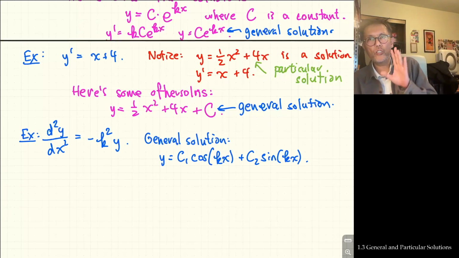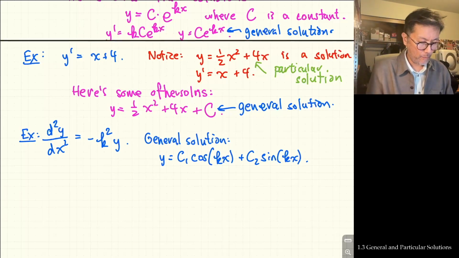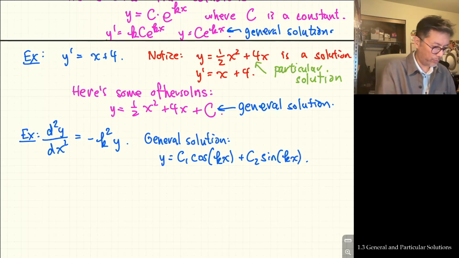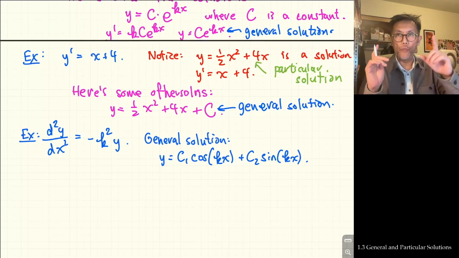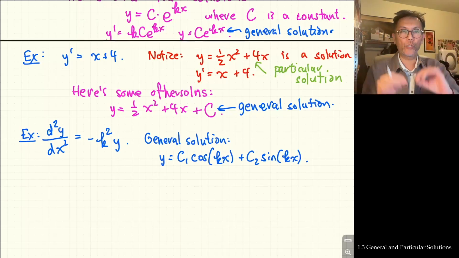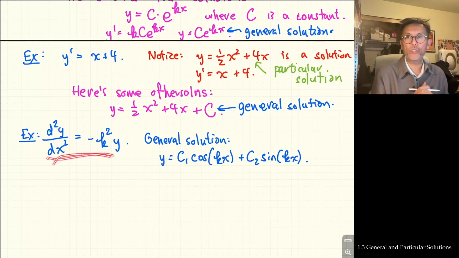So when I say this is the general solution, I mean that you can put any numbers that you want, c1 and c2, into this expression right here, into the general solution. And those will be particular solutions to this differential equation.